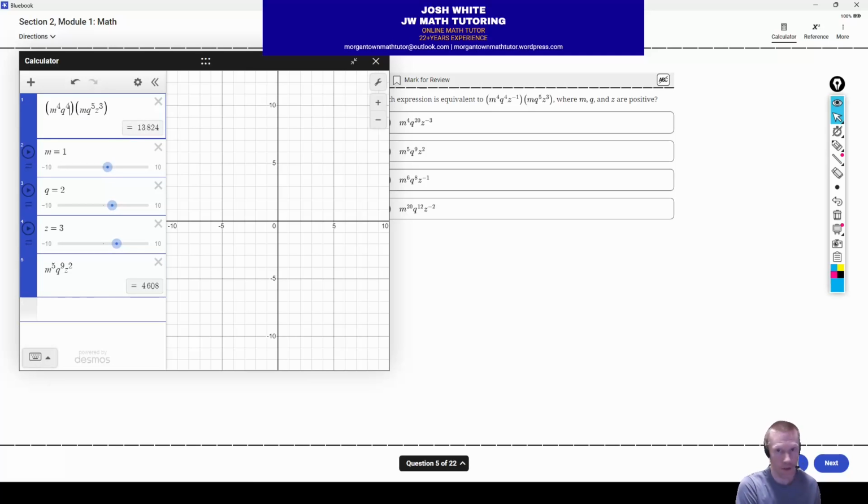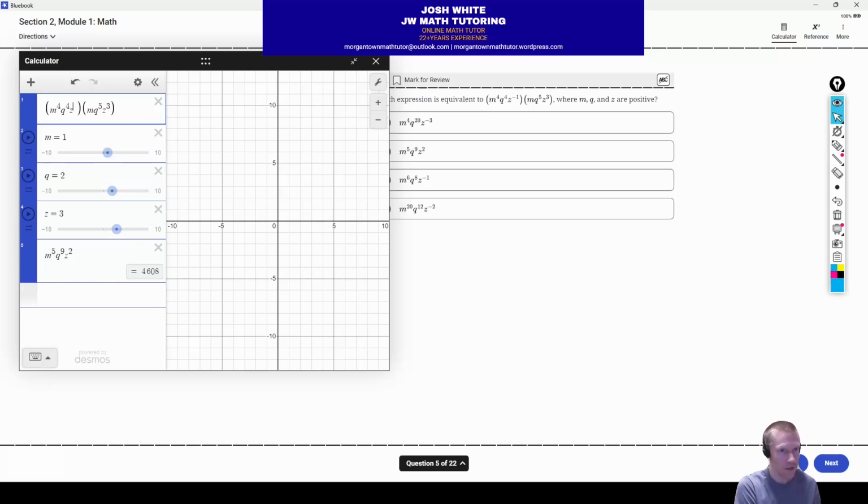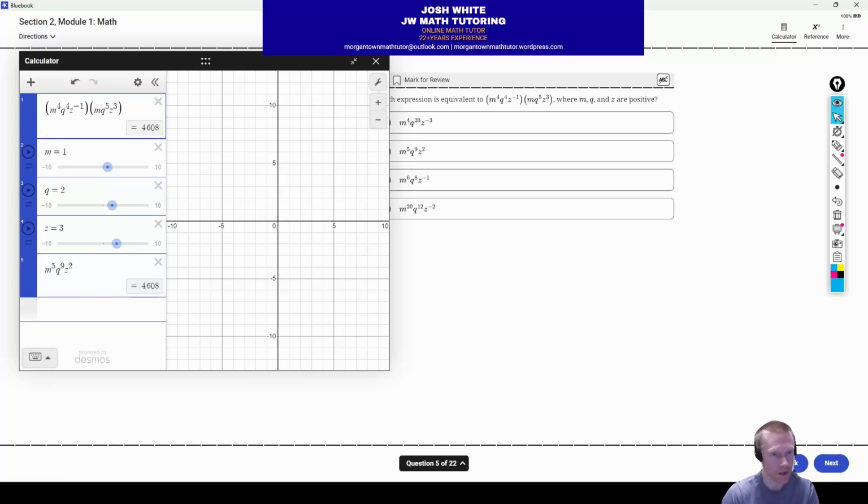Get rid of this. Sorry, this should be Z to the negative 1. Okay, now it's typed in correctly. Now we have normal whole number values like we should. All right, so notice 4608, 4608, it matches. That confirms that the original given expression is matching with answer choice B. And you could type in the others just to confirm that they don't equal, but you can use Desmos to match equivalent expressions.